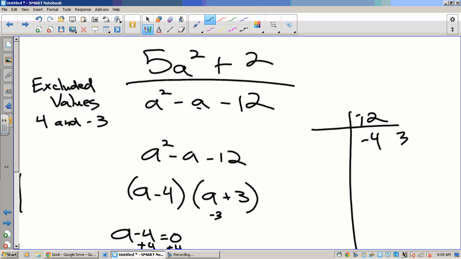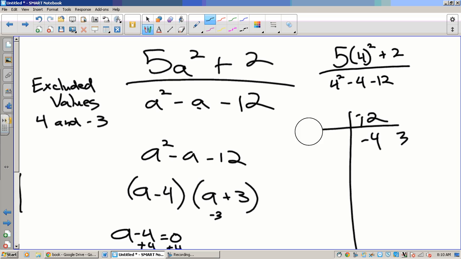If you put 4 into there, would it still work? If I go back to the original problem and I put in 4, it's going to be 5 times 4 squared plus 2 over 4 squared minus 4 minus 12. I'm going to erase this.